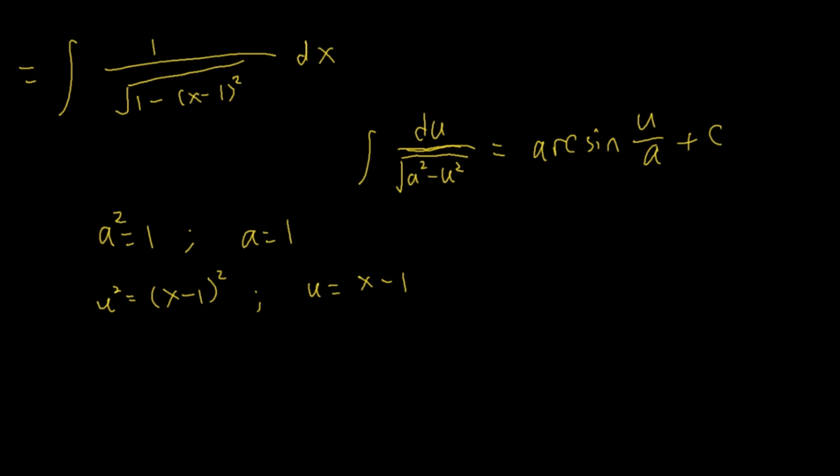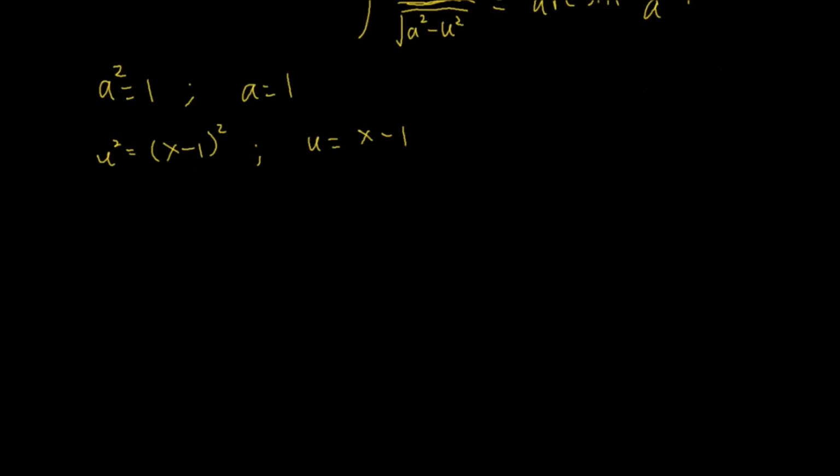How do we find du? Let's look at what u is. Take the derivative of u with respect to x. du over dx is equal to 1, since the derivative of x is 1 and the derivative of negative 1 is 0. Then multiply both sides by dx, and you have du equals dx.